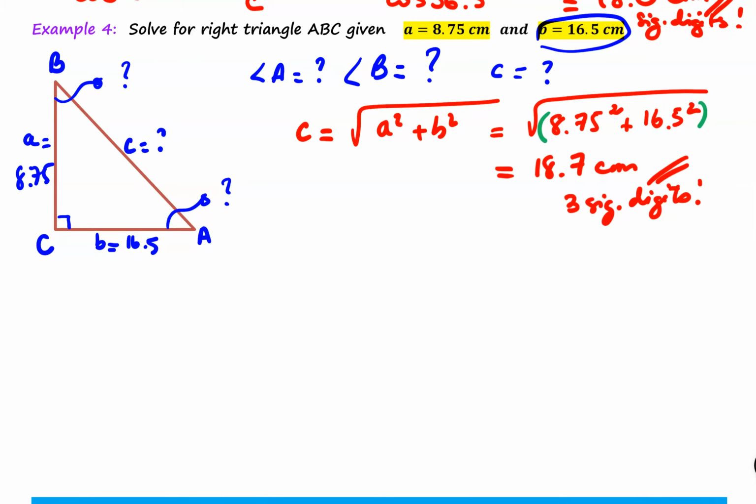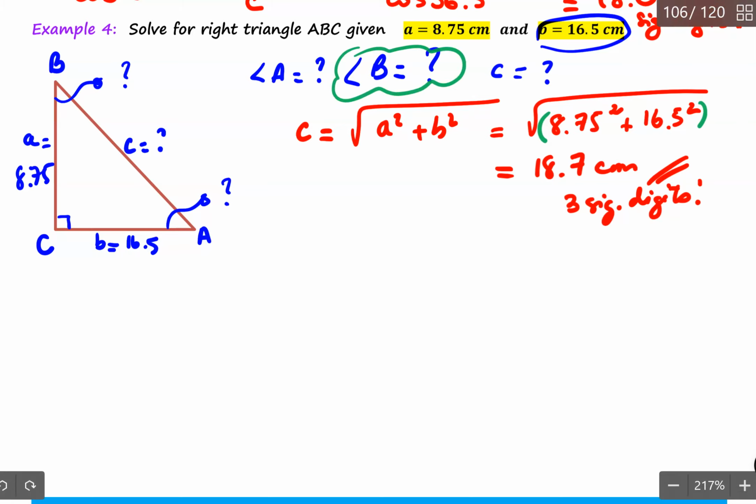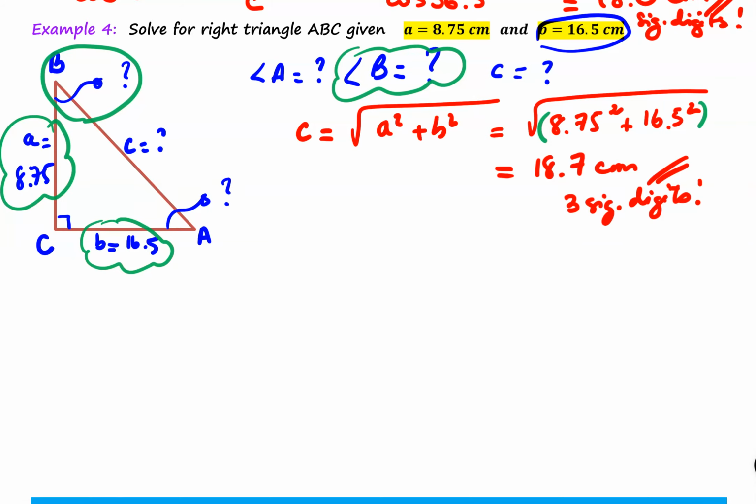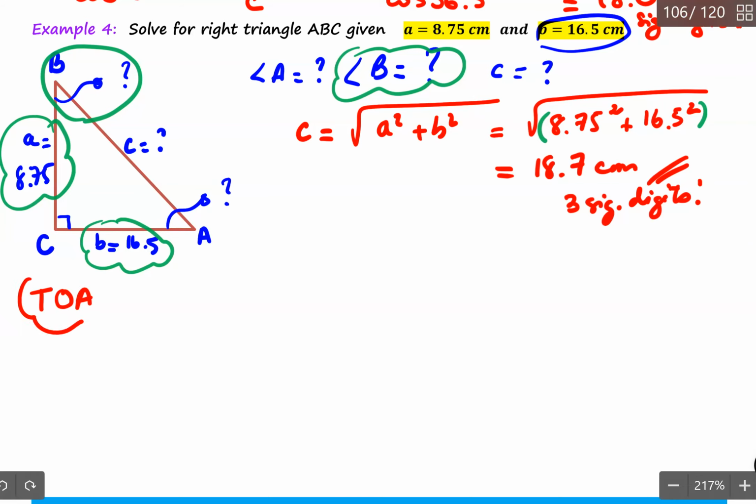So in solving for A, or solving for B, let's say I want to solve for B. In solving for B, this is the angle that you have to solve. And I only use given information, so I use this one and this one. So A is opposite to B... rather, the side 16.5 is opposite to B, and A is adjacent to B. Therefore, I will use tangent, because tangent is opposite over adjacent.